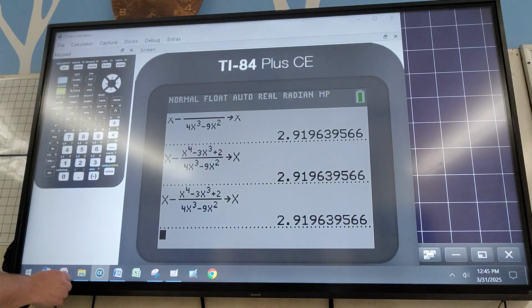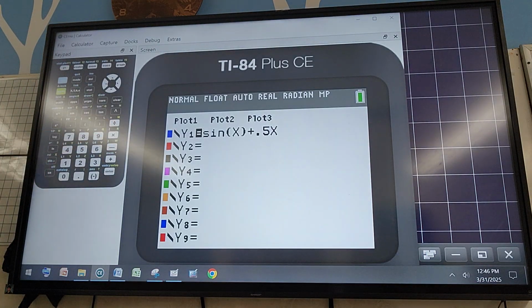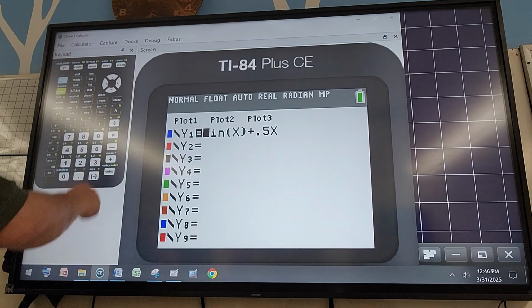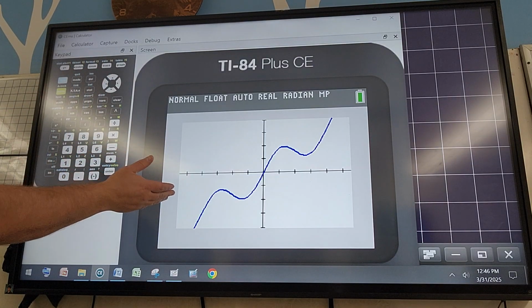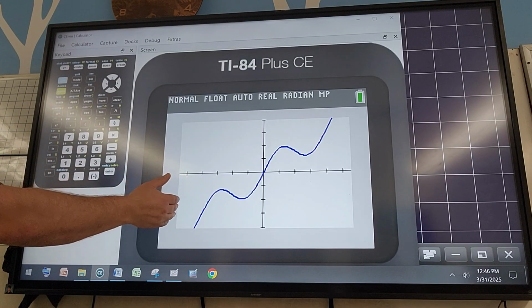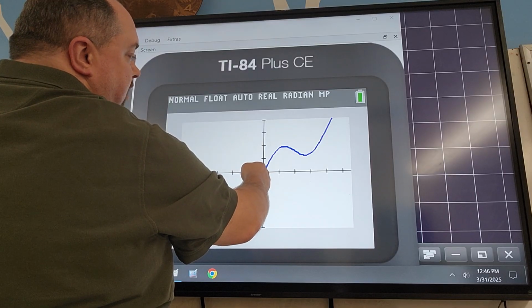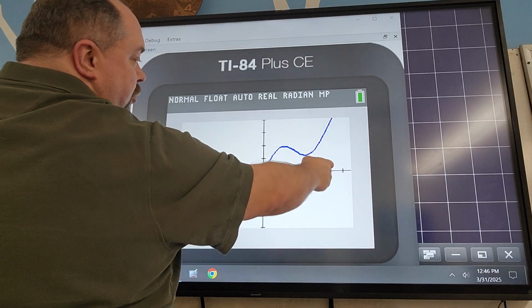So, just for fun then, and for a review, why don't we do it with this one? Sine of x plus half x. We have our guesses, right? Let's just do a domain from, say, 0 to 2 pi.